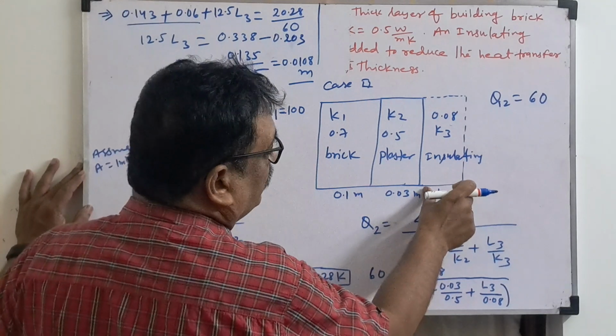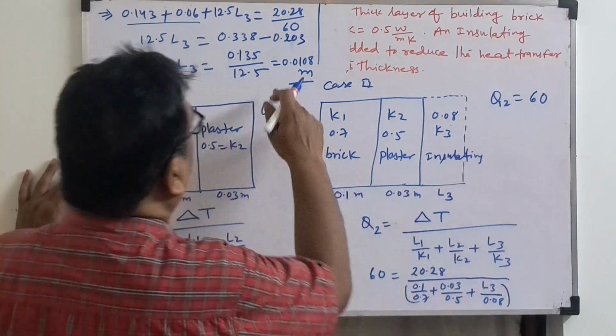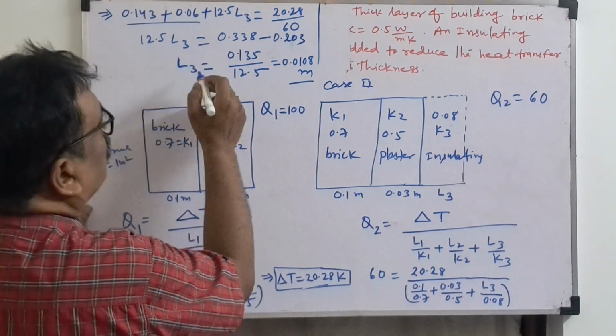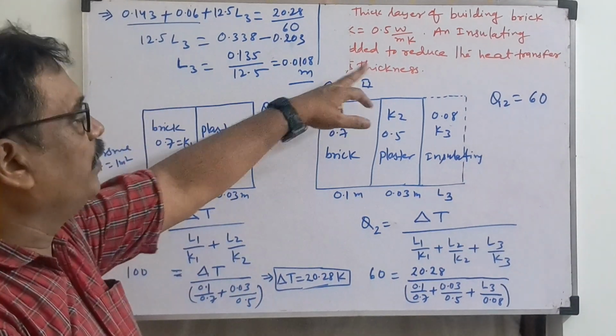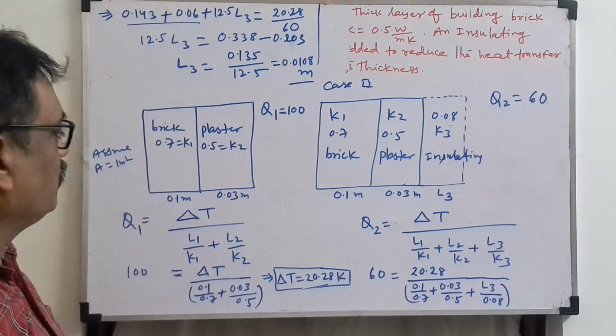Then they are asking for the thickness, L3, of the insulating wall. If this much thickness is there, then only the heat transfer will reduce by 40%. That is what this question is asking.